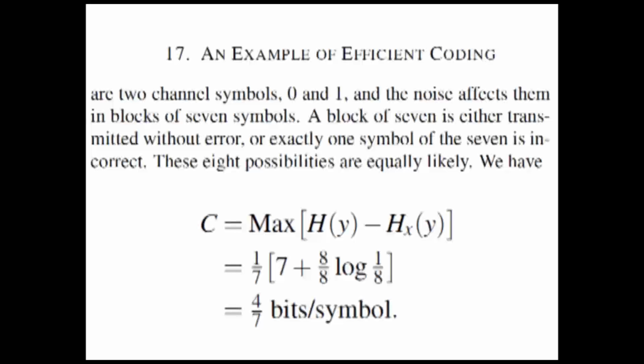Okay, and all these 8 possibilities are equally likely. So then he computes the maximal mutual information for this channel. Of course, the best input for that is just equiprobable, and finds 4/7 bits per symbol. And not only finds the capacity, but then it gives us a code that achieves it.